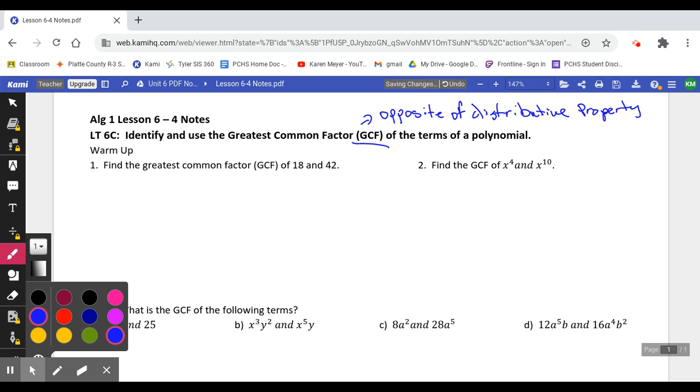So that means when you are talking about the final answer for a GCF, you should have some information on the outside of a parentheses, and then you should have information on the inside of a parentheses.